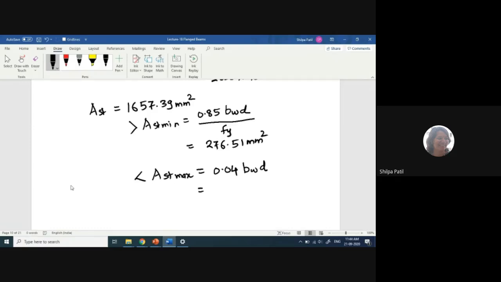So what is the value you are getting? 5,400 mm square. So our Ast value is within the range of minimum and maximum value.